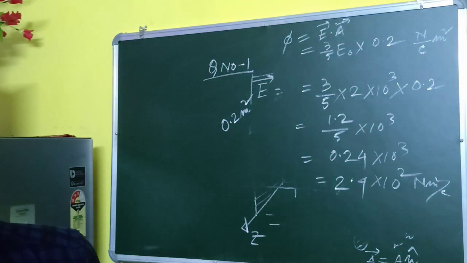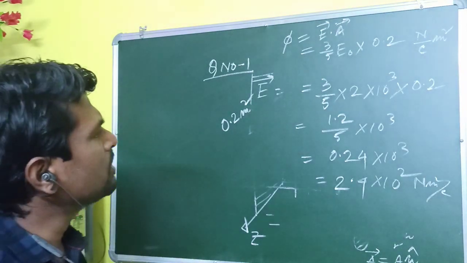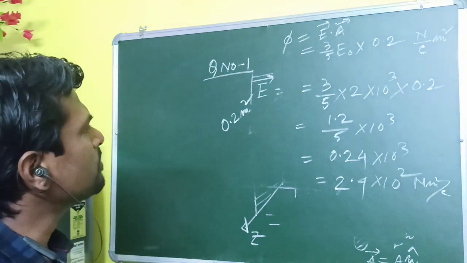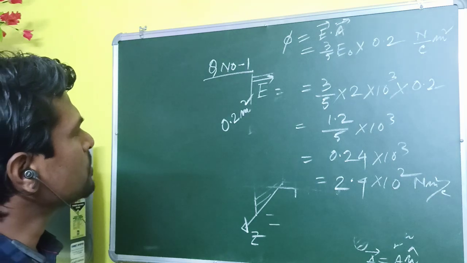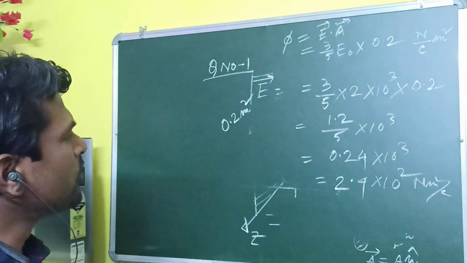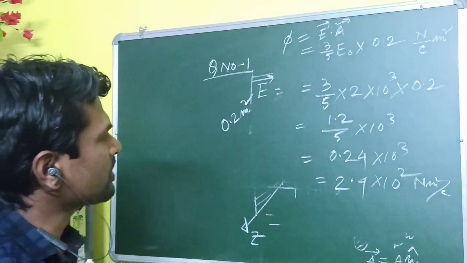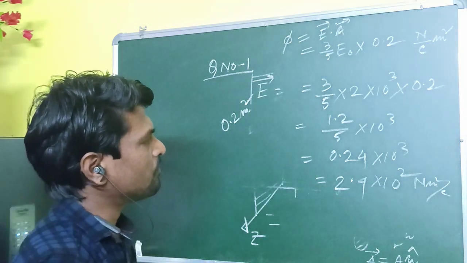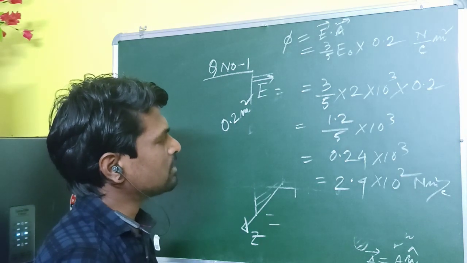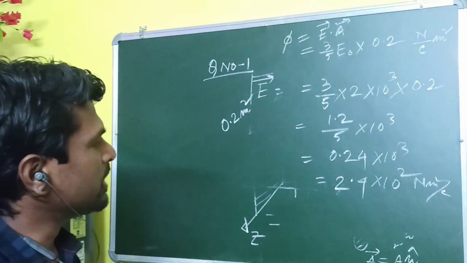But the answer given here is... 0.2, sorry. Yes, 0.2 meter square is given, so 2 fours, and 3 fours are 12, 1.2 by 5. 5 twos are 10 and 5 fours are 20, that is 2.4 into 10 to the power 2.